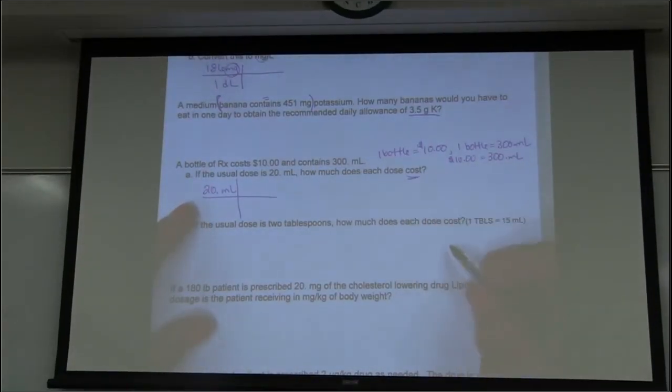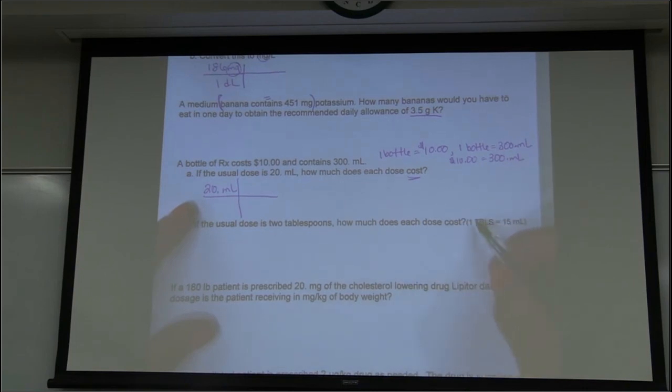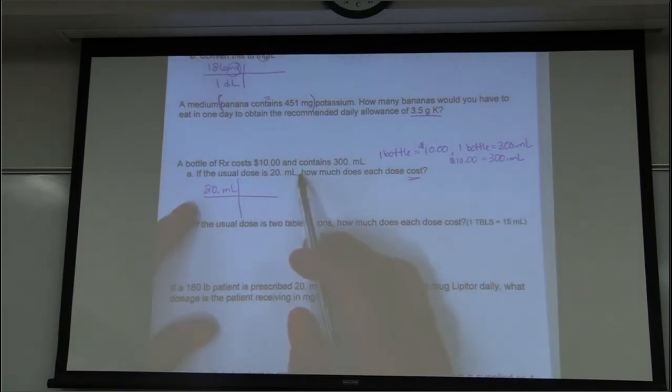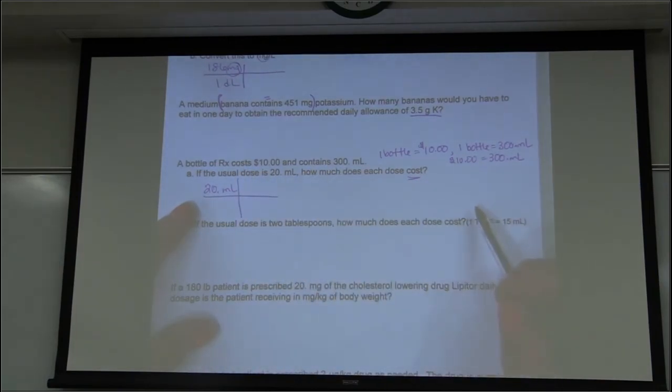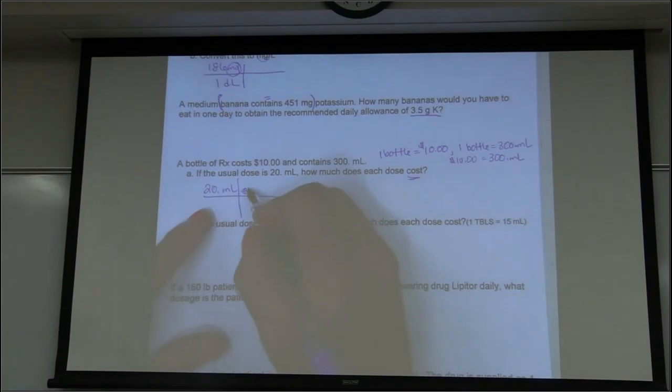So what do you want in the end of this problem? Unit of money, yes? You want money at the end of this problem. Do you have a conversion factor over here that you obtain from the problem that gives you money and milliliters? Then plug it in. What goes on top? $10. What goes on bottom? 300 milliliters.